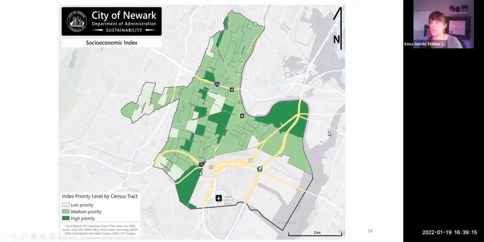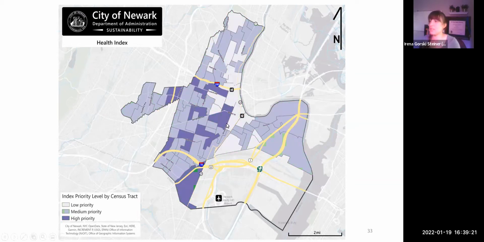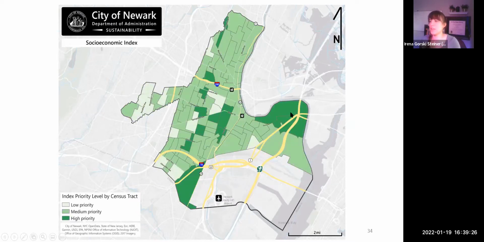Next, we have the socioeconomic index. If we flip back and forth between the two, you can see a lot of the same census tracts are lighting up. But now we have Ironbound jumping in. The same census tract is high priority when we look at the socioeconomic indicators.